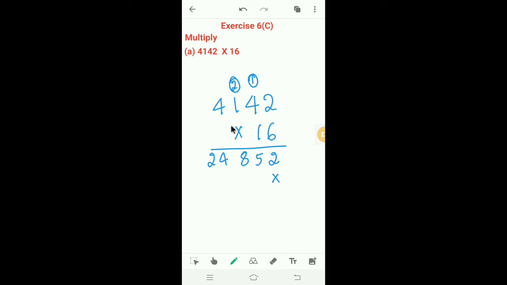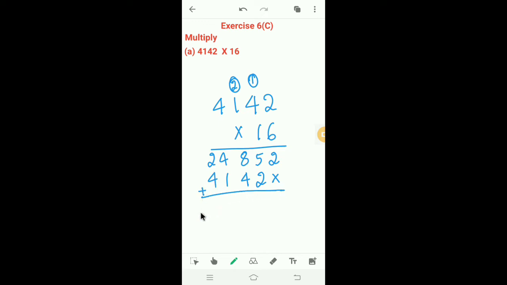Next we should multiply 4142 by 1. 1 two is 2, 1 four is 4, 1 one is 1, 1 four is 4.